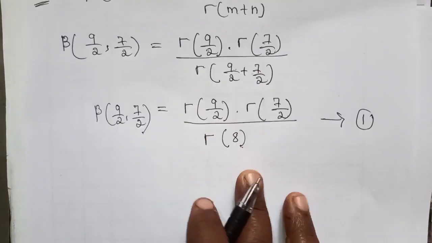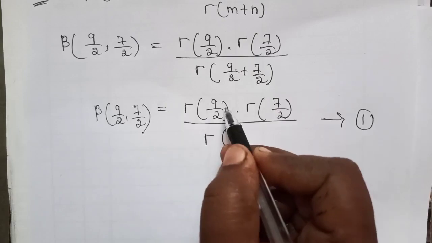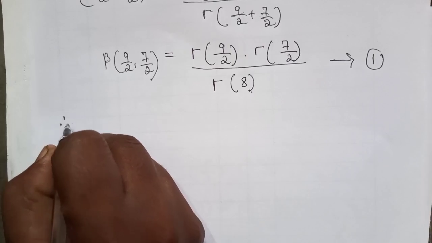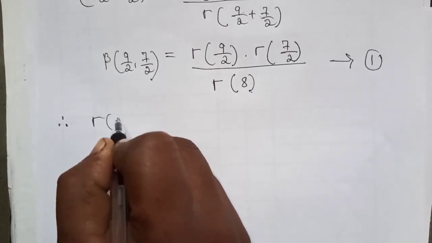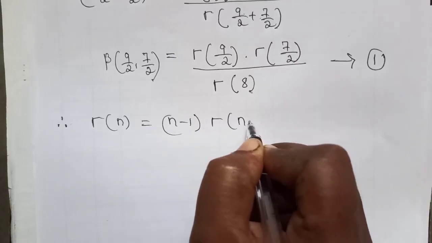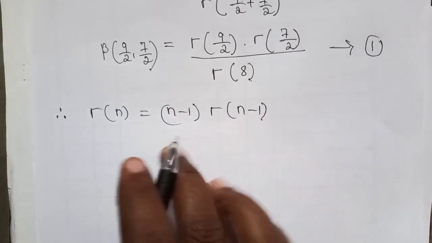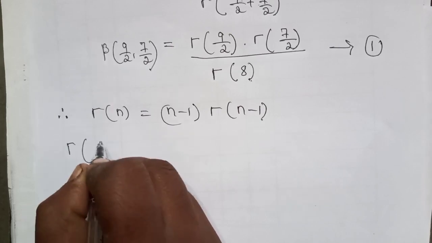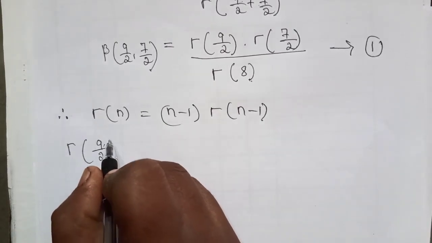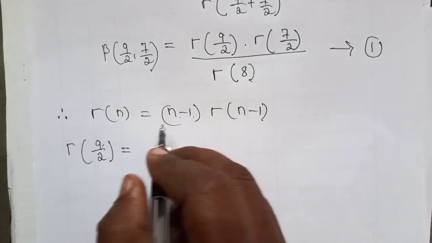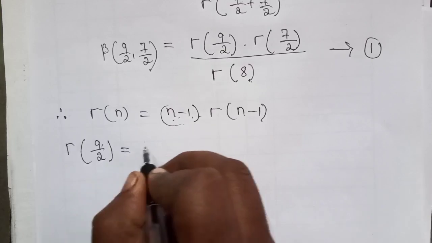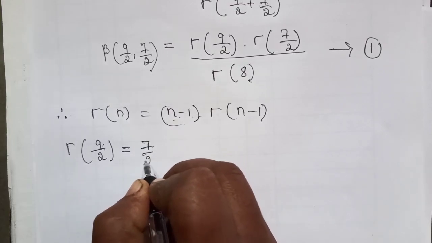Now we have to calculate the gamma of 9 by 2 and gamma of 7 by 2 values. We know that gamma of n is equal to n minus 1 into gamma of n minus 1. Using this formula, gamma of 9 by 2 is 7 by 2 into gamma of 7 by 2.